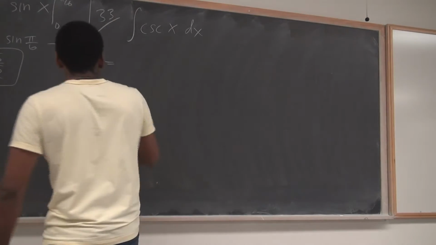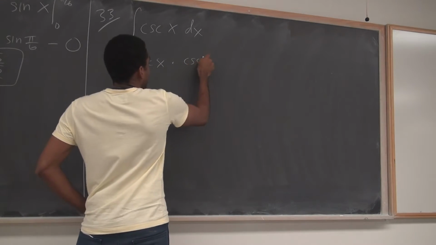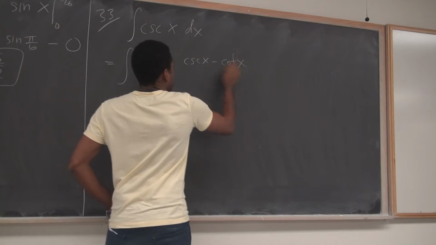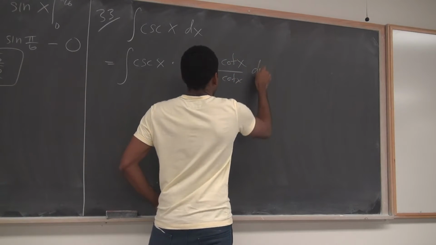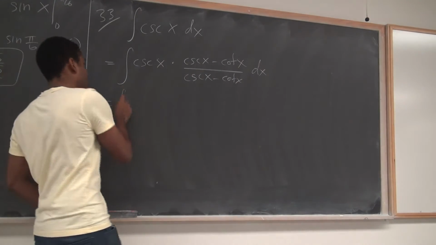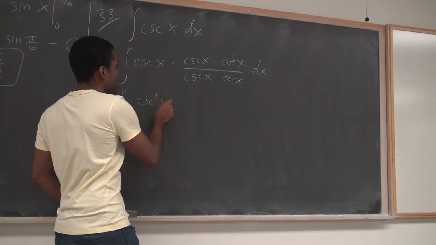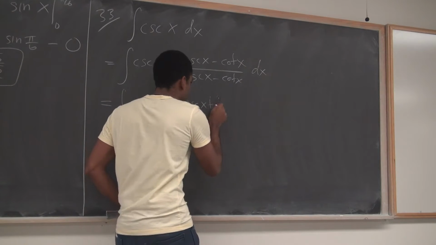Multiply by cosecant minus cotangent. Right? Don't ask me how they come up with this stuff, but it works. So now you have cosecant squared x minus cosecant cotangent.